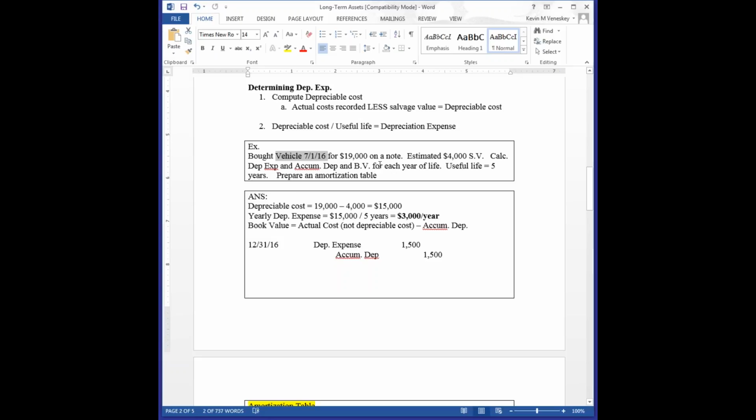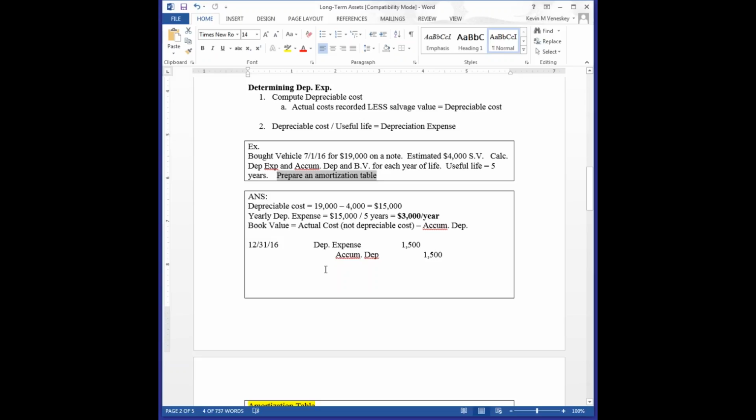So with this example, I'm buying a vehicle on a note for $19,000. It has a salvage value of $4,000 and a useful life of 5 years. What I want us to be able to do is calculate and prepare an amortization schedule or an amortization table.